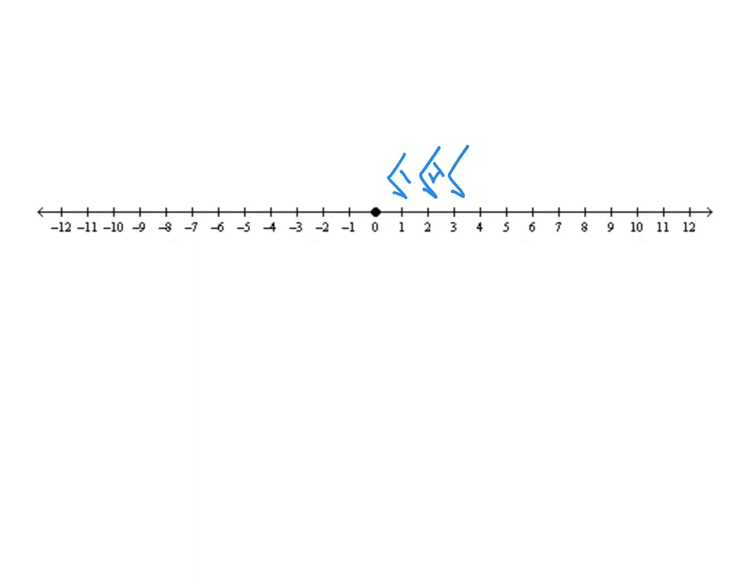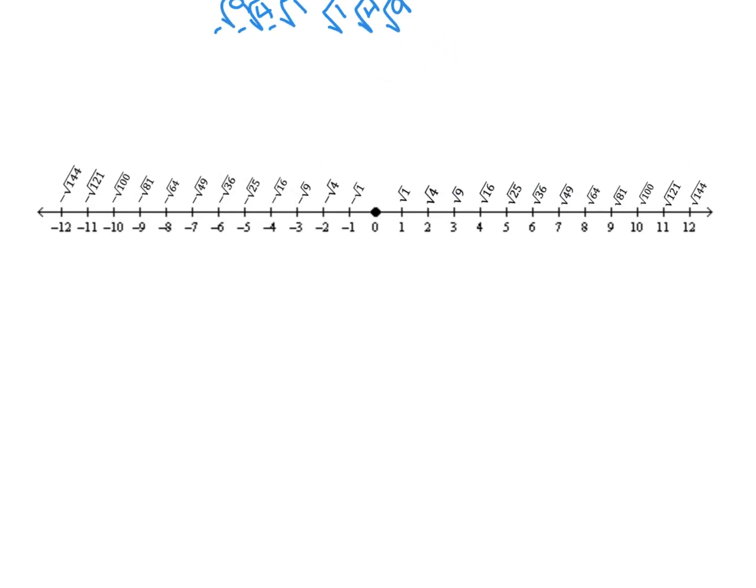The square root of 9, because 3 times 3 is equal to 9, is 3. And then I'd extend it going on the other side. I'd have the negative square root of 1, negative square root of 4, negative square root of 9, and so forth. Now that's going to take a long time, so I already have it here for you. So we use a number line like this in order to help us find these two consecutive integers that the square root could be between.